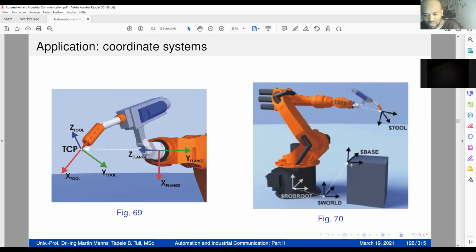This is where you define your object. For example, sometimes you would like to define a temporary reference frame which aligns with your object. If you have a rectangle, then you would like to have a reference frame which aligns with the object. That is not a world reference frame, but a transformed reference frame.